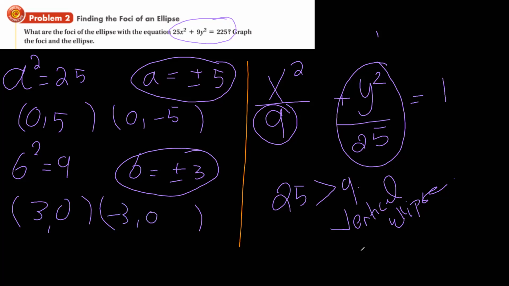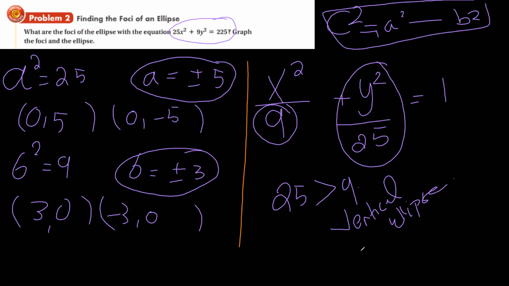Now I have A and I have B. I need to find the foci. How can I find the foci? Using C squared equals A squared minus B squared, the previous relation. I can find C. Let's now find C.